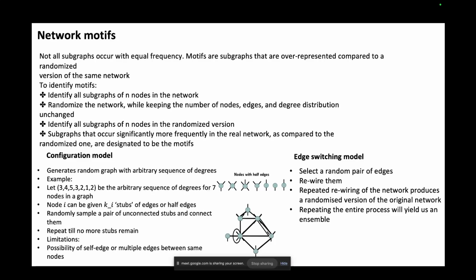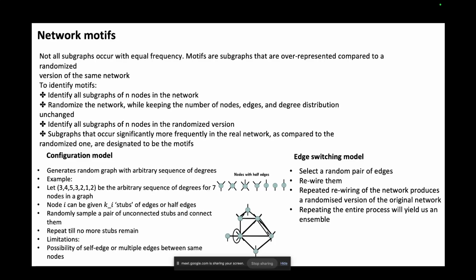So these are what are known as network motifs. Network motifs are subgraphs inside the network which occur at a frequency higher than in a randomized version of the same network with the same number of edges and the same number of nodes. Right. So to identify these motifs, you have to identify subgraphs of n nodes in the network.